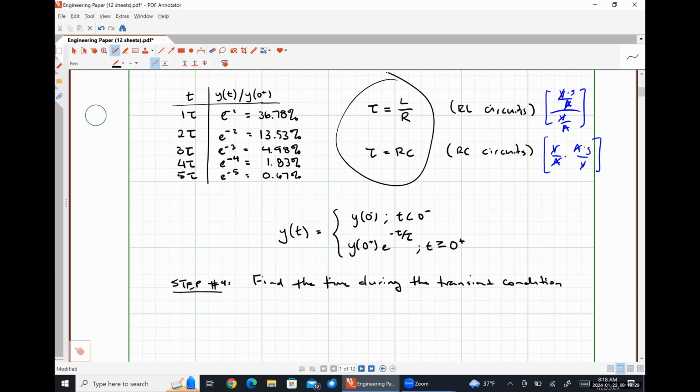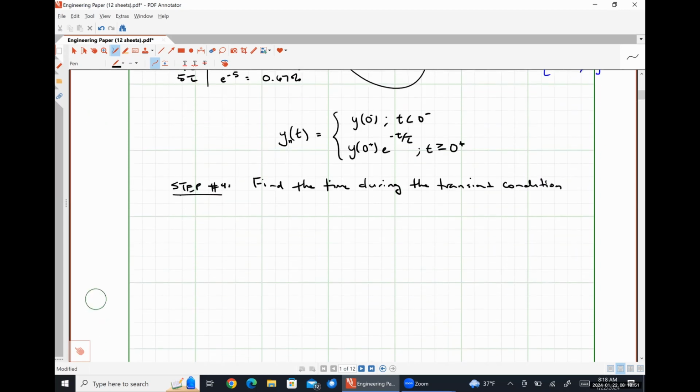All right, so because this is the natural response and we're about to talk about the total response, I'm going to make an extremely small modification to that equation that I just gave you. I'm literally going to put y sub n there to denote that that is the natural response.